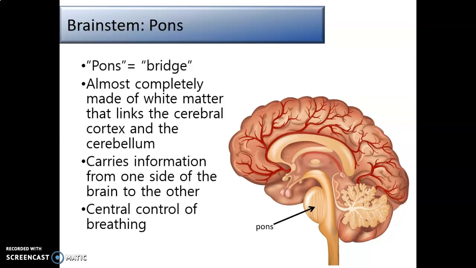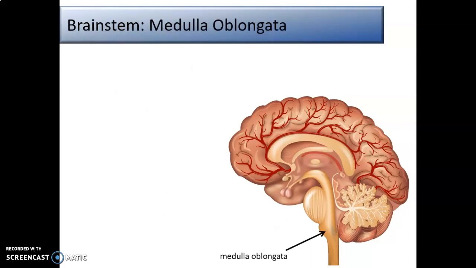So we know that a lot of times if your spinal cord is damaged during an accident, sometimes it has to do with motor skills, but also if it's damaged higher up for brain damage, it can directly affect the pons, which is likely going to be fatal.